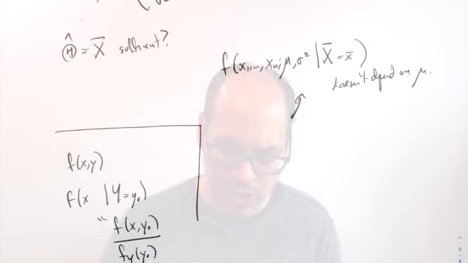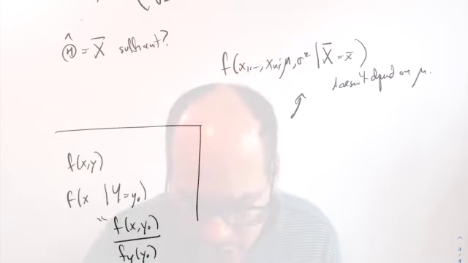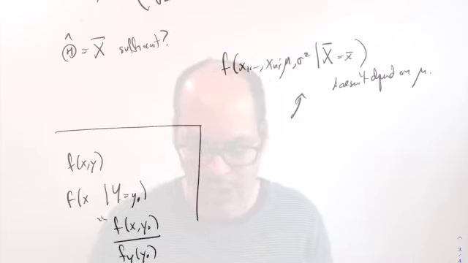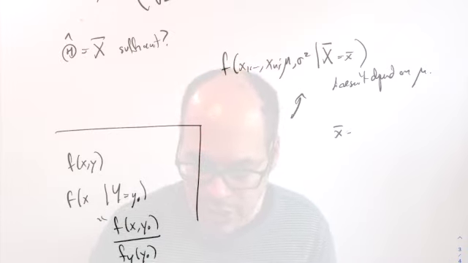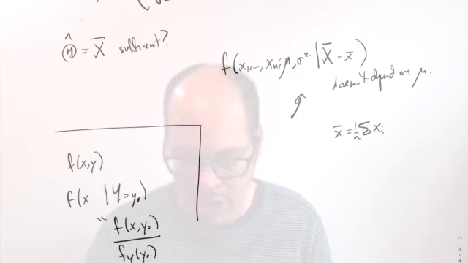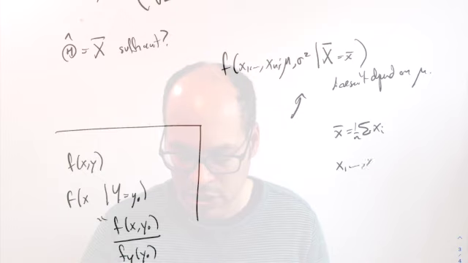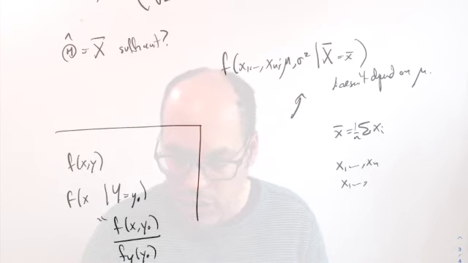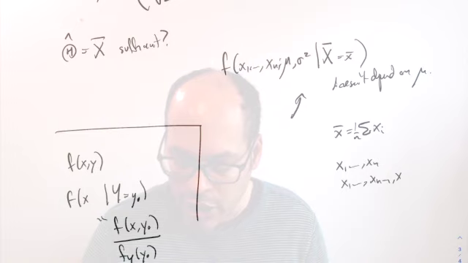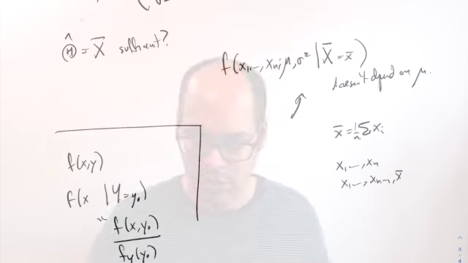Well, what I really want to do is somehow plug in x bar. Notice x bar isn't one of these variables, right? But it kind of is, really. If x bar is 1 over n times the sum of the xi's, then I can use either x1 through xn as my variables, or if I wanted to, I could use x1 through xn minus 1 and x bar, because if I know x bar and I know the rest of the x's, I can solve for xn.